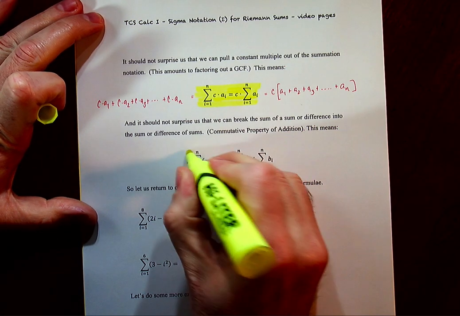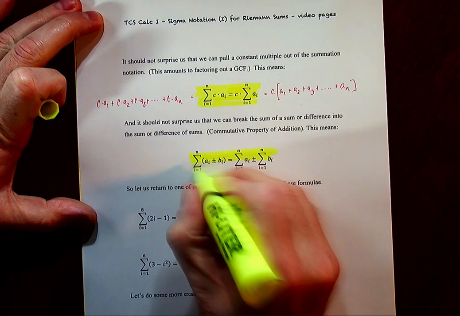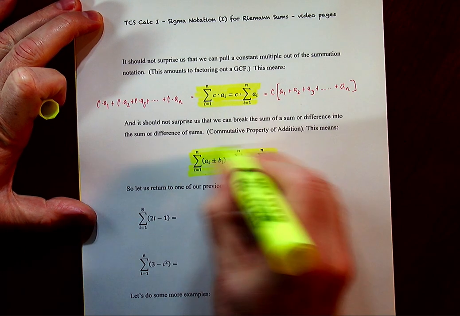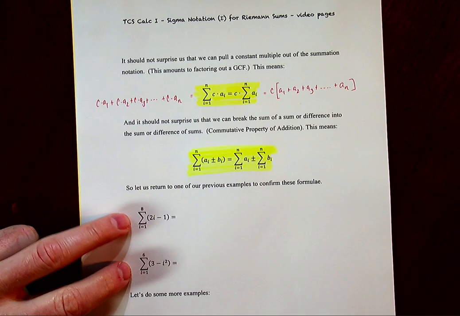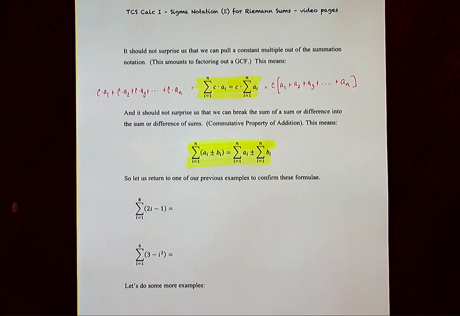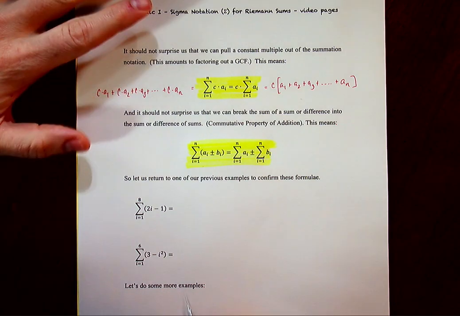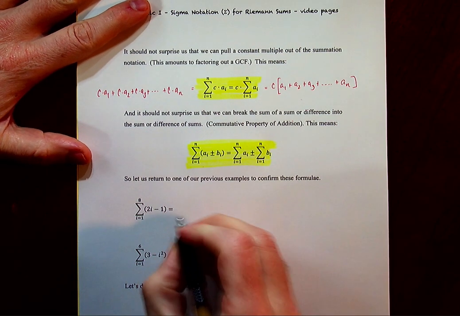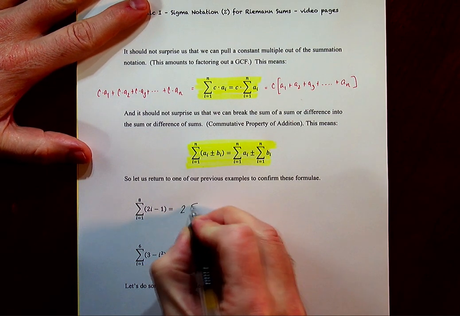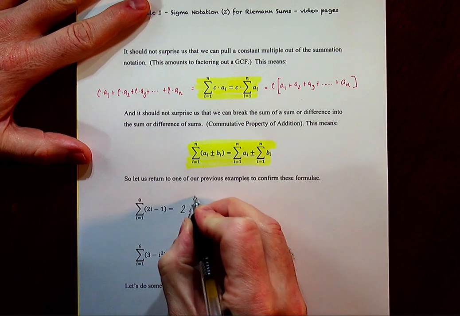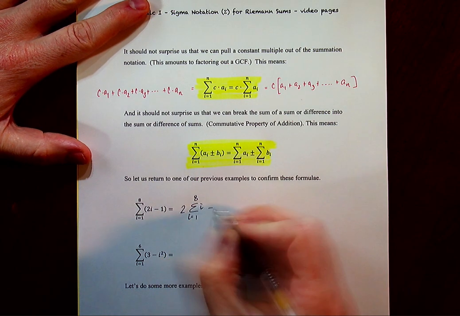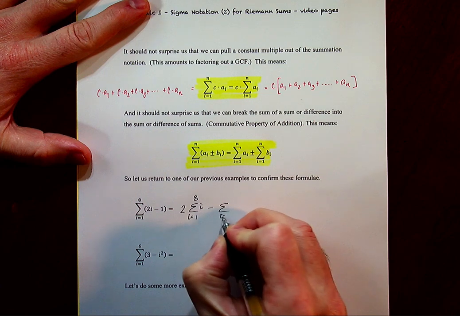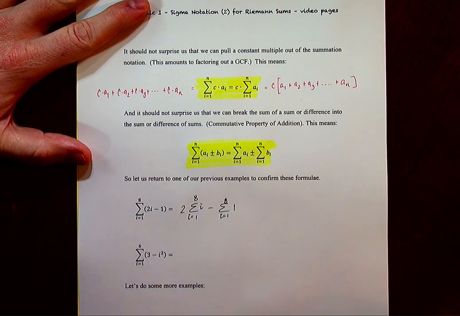So what we're going to do is use these two principles to take the two examples we had in the last video and pull them apart so that we can use the summation formulas. So this is going to become 2 times sigma i equals 1 to 8 of i minus sigma i equals 1 to 8 of 1.